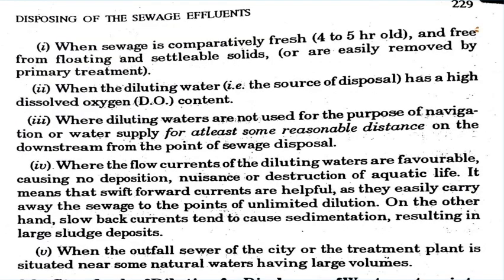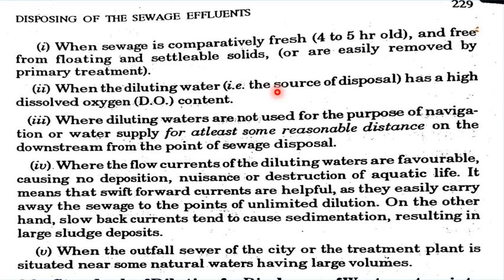This is again a dilution of water. These are the points to be considered when you are going to dispose these effluents into the water body. This will give a very simple idea on this. When the dilution water, that is the source of disposal, has high dissolved oxygen content, then only it is fit for disposal.